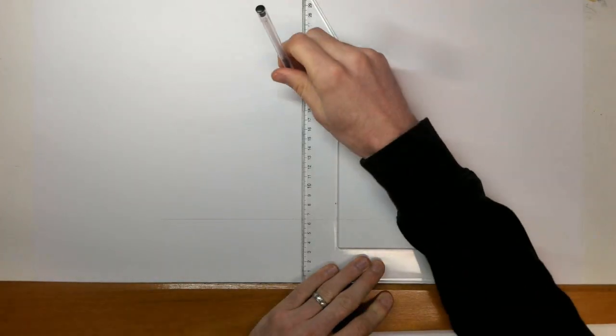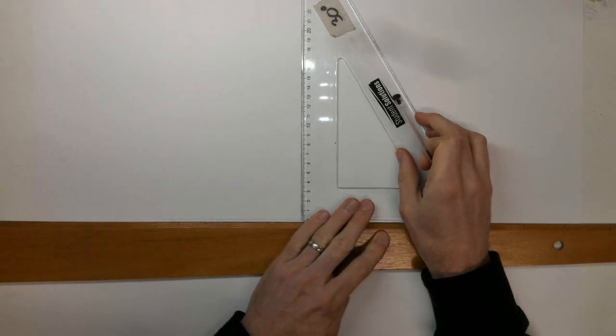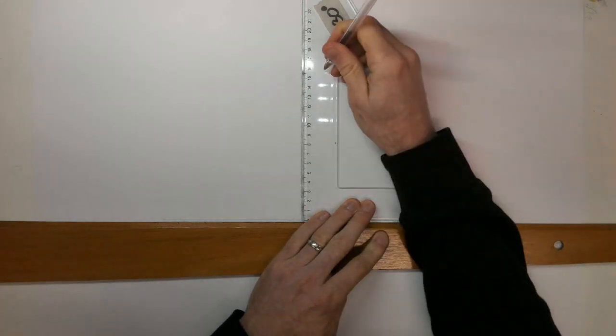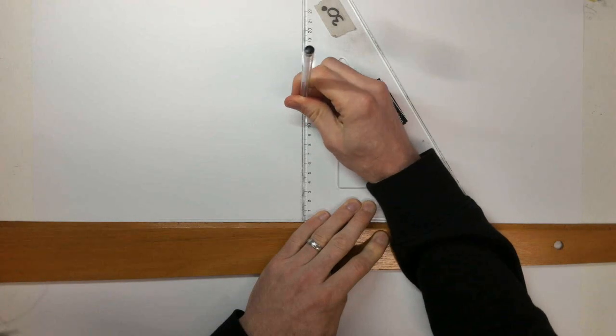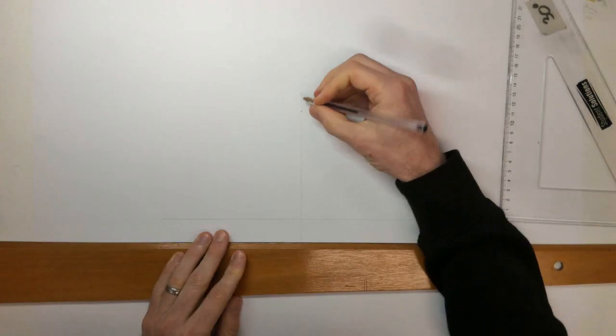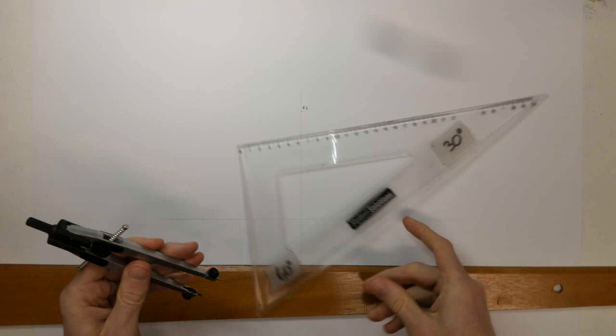So let's draw the center line and measure up to find the center, which is up 115. So that's AC, and the radius is 75.